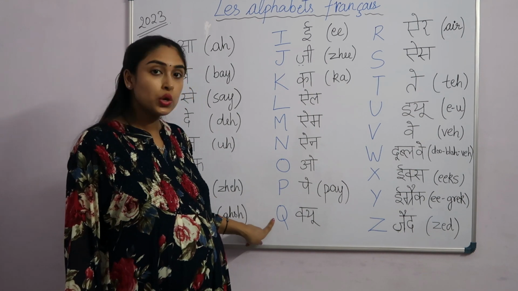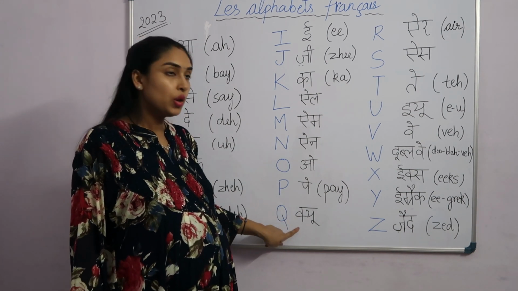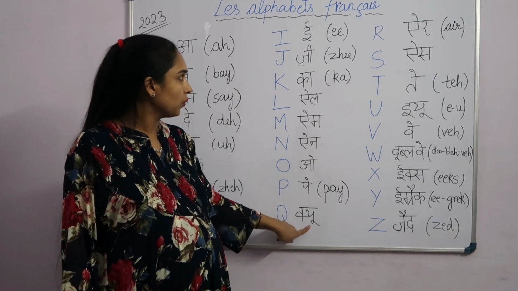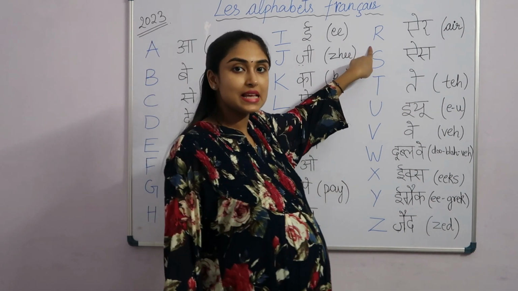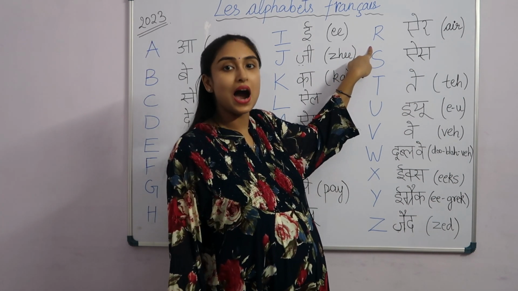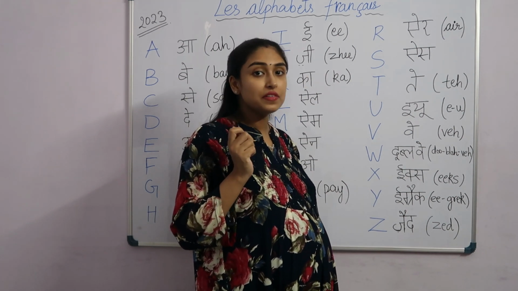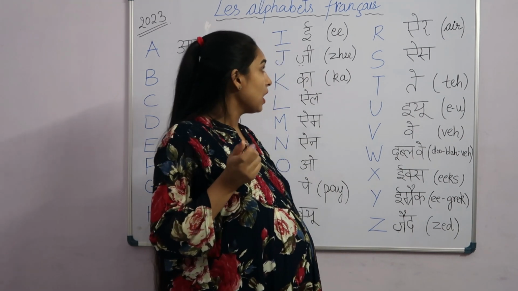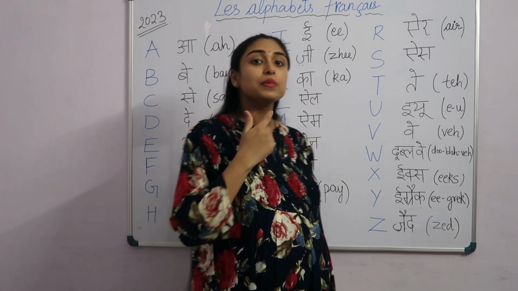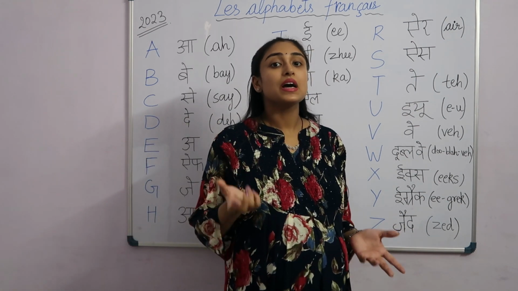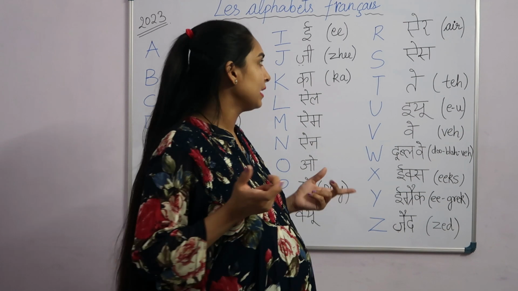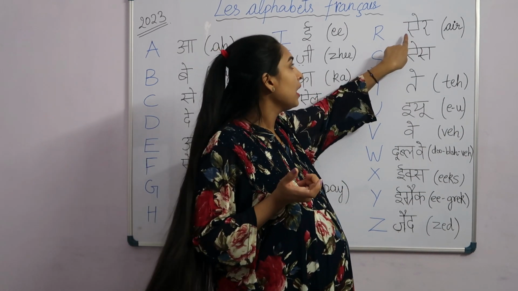Q is the same. Next alphabet is R, which is a little difficult and a little different to pronounce in French. We pronounce this alphabet from the back of our throat as if we are gargling or snoring. R.